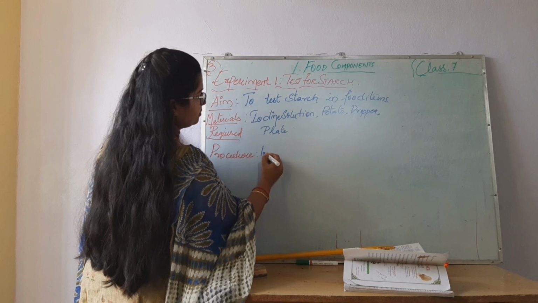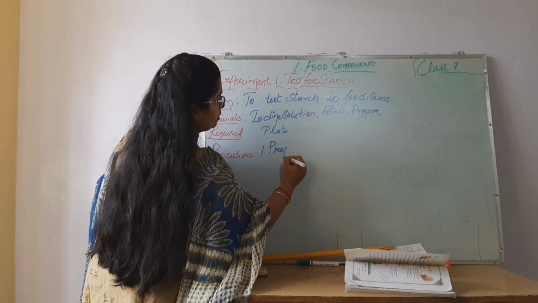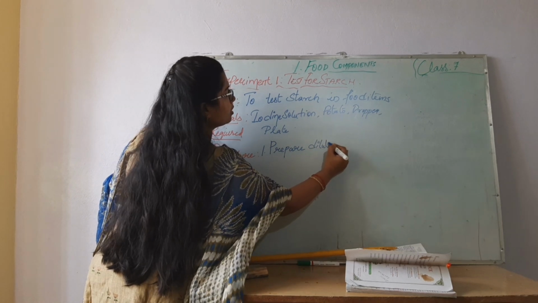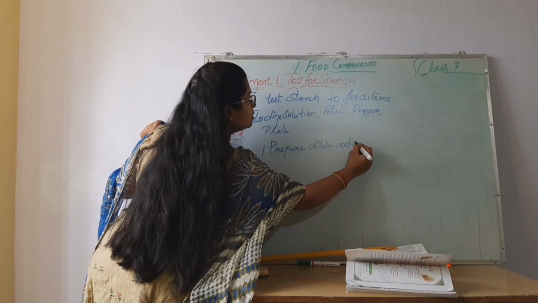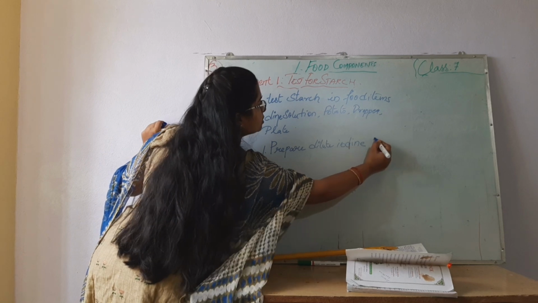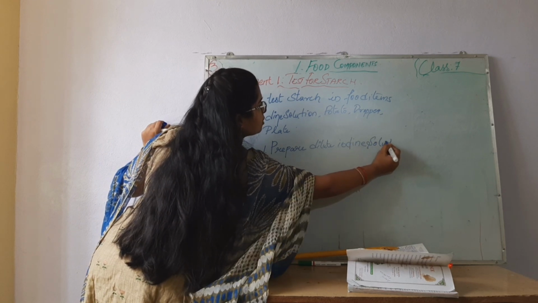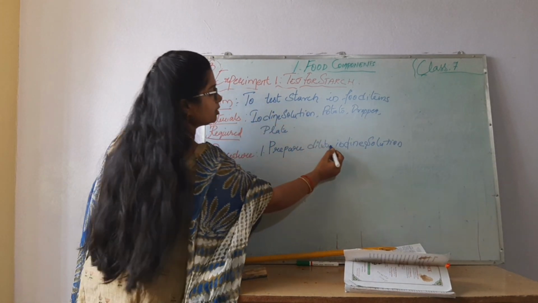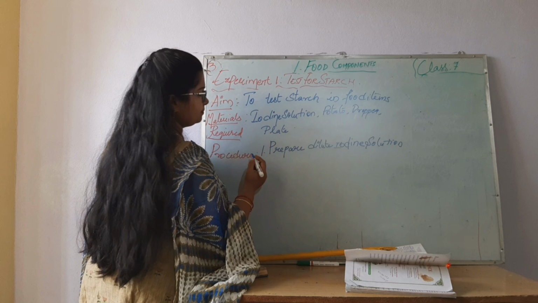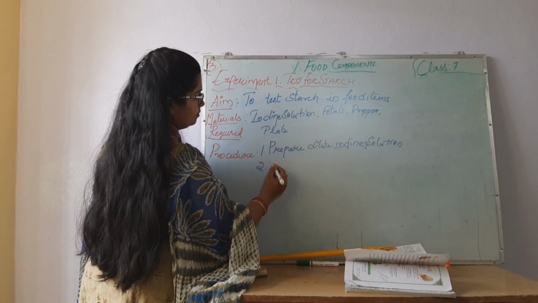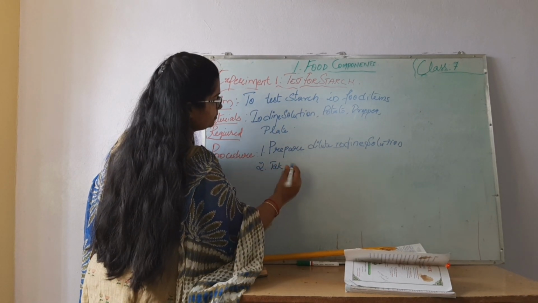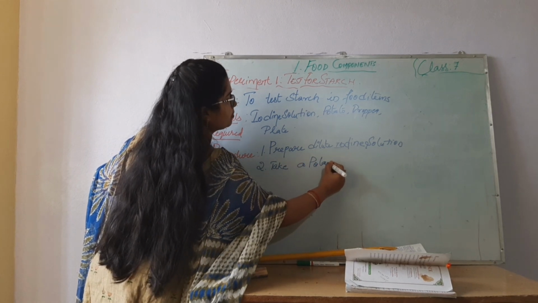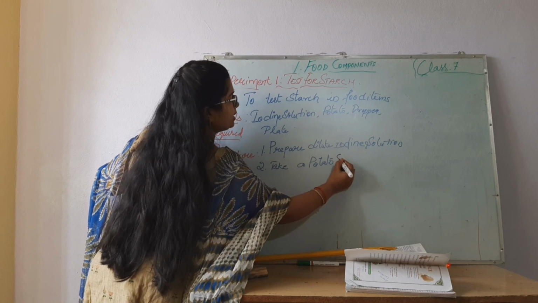First, prepare dilute iodine solution. Next, take a dropper, take a potato and cut it.